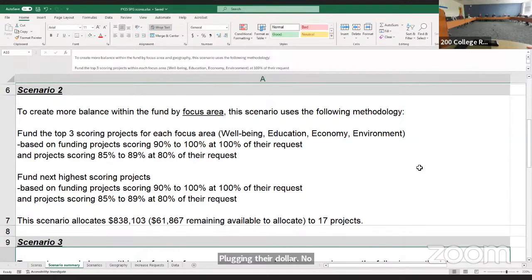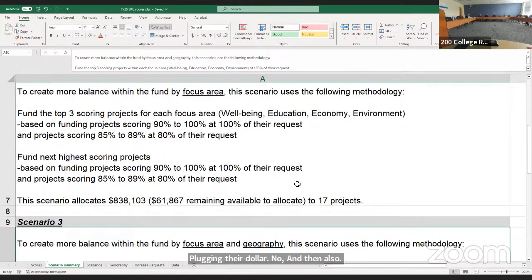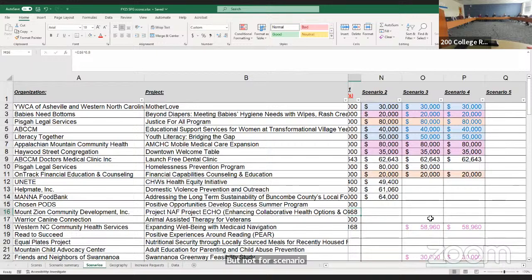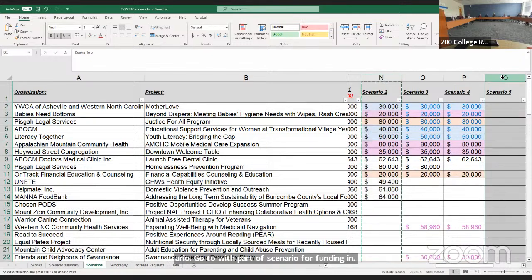For the focus area, and then also include size. Yep. So don't tweak the rationale, just pull out geography. But not for scenario 3, I think maybe it's scenario 4. So I think, Angela, what we're asking for is the first part of scenario 2 with part of scenario 4 blended in. Do you have any questions before you start trying to do your spreadsheet magic?